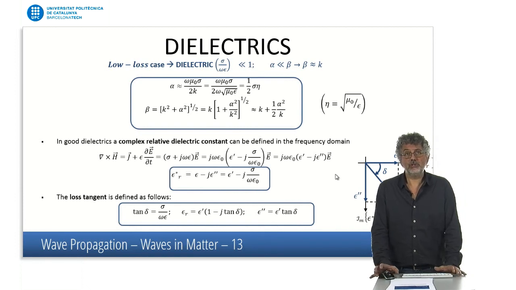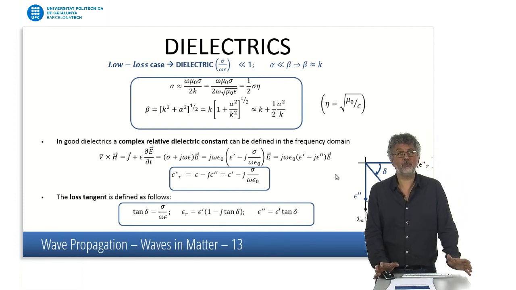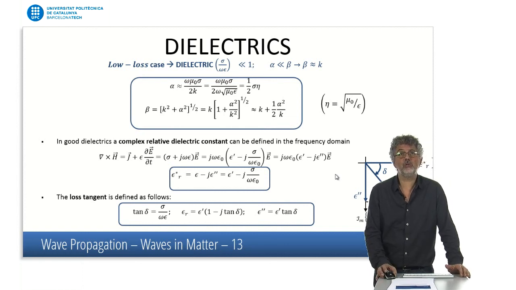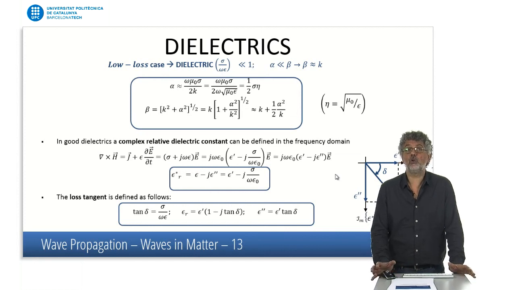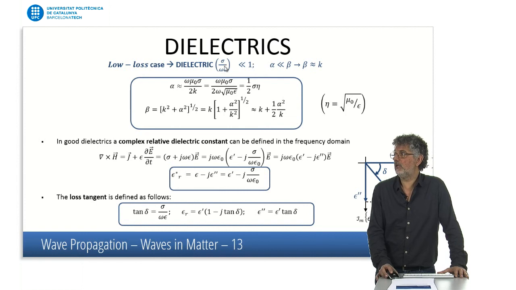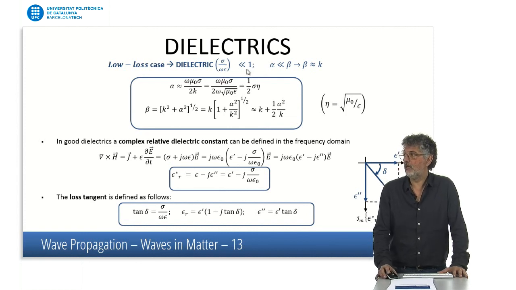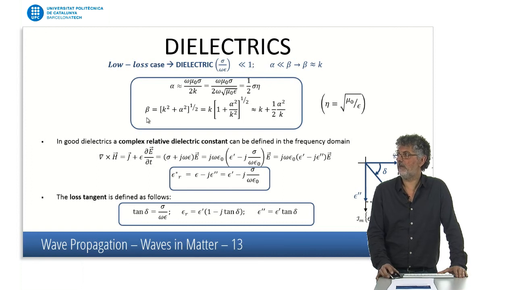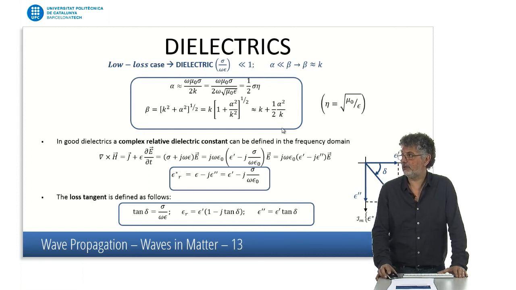Now, we're going to consider two different cases. So far, we have not made any approximations. The expressions we were using were exact. Now, we're going to consider the case of what we call a dielectric. In a dielectric, that ratio, sigma over omega epsilon, is much smaller than 1. So we can take the previous expressions and make some approximations, and we can see that alpha has this expression and beta has this expression.